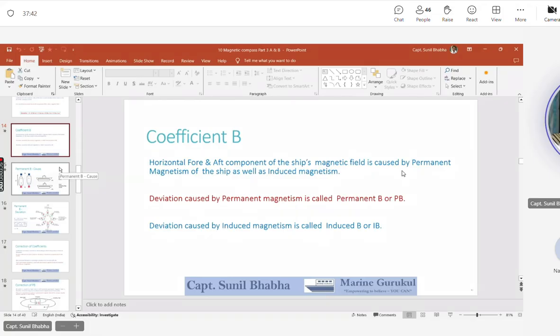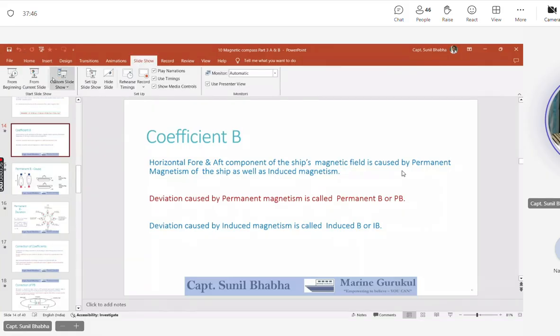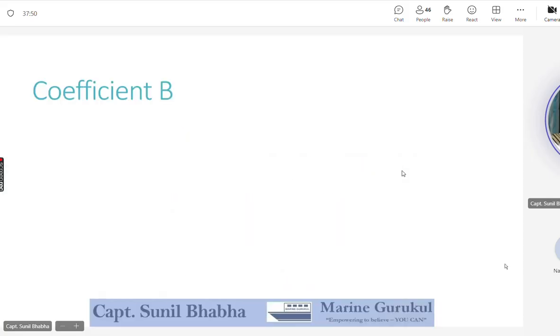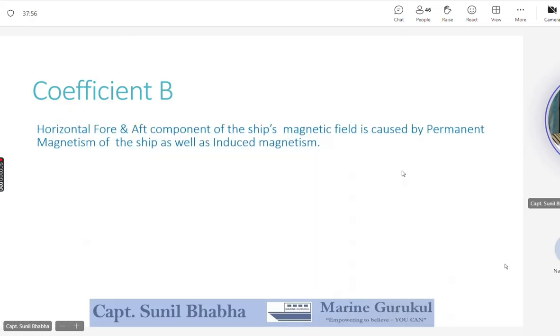Okay, all right. So let's move on to coefficient Bravo. Now, how is this component generated? Let us see.